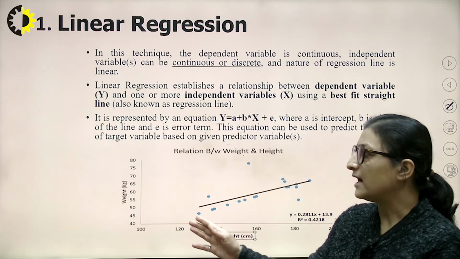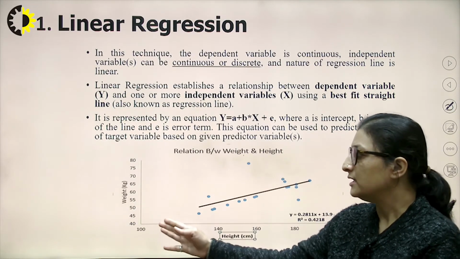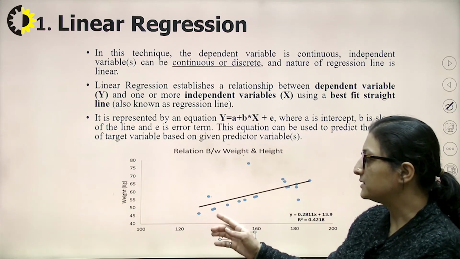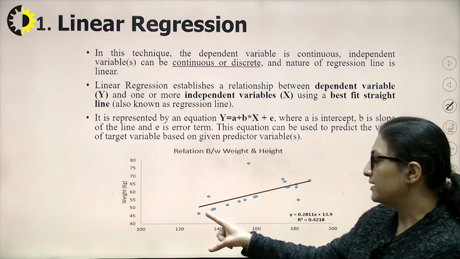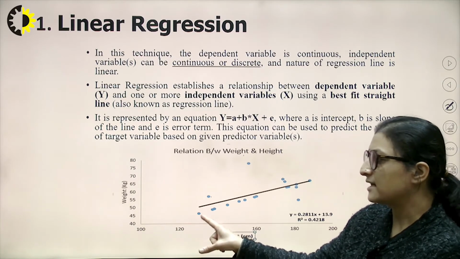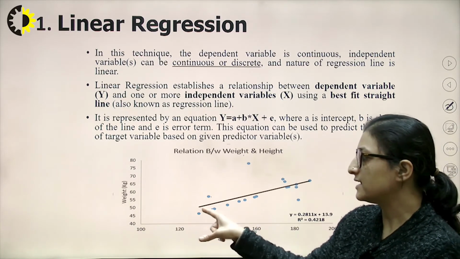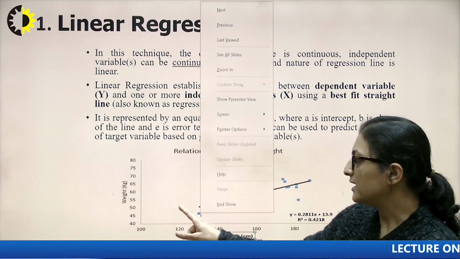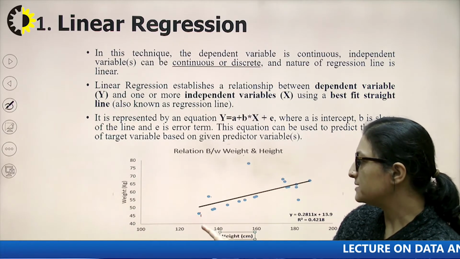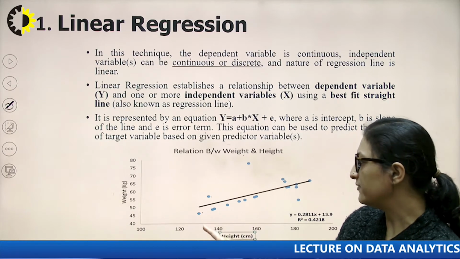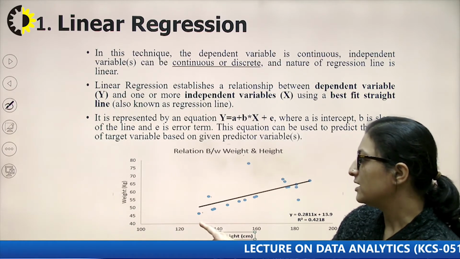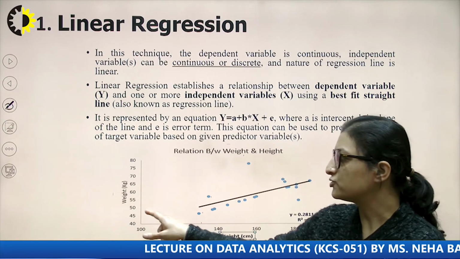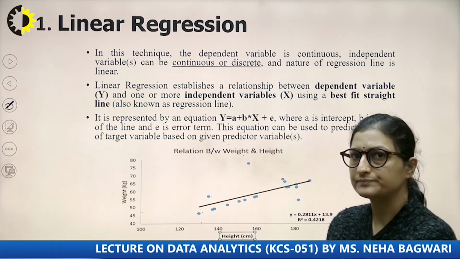We have plotted the instances for different persons, where on the x axis I have plotted height and on the y axis I have weight. For this particular person, if the height is 125 or 130 centimeter, then correspondingly what should be the weight of that particular person.